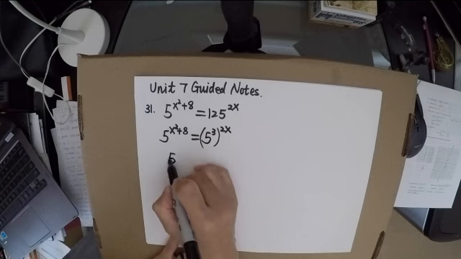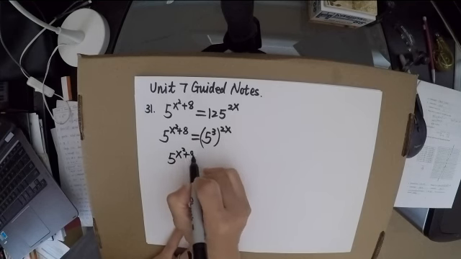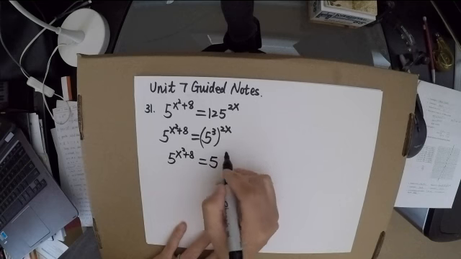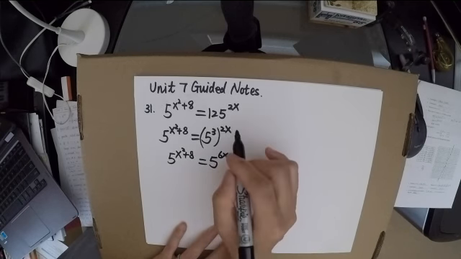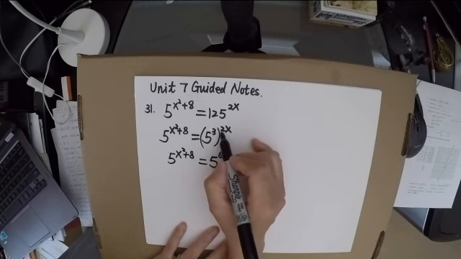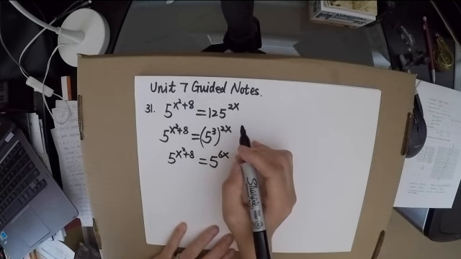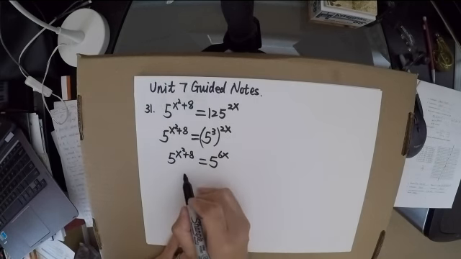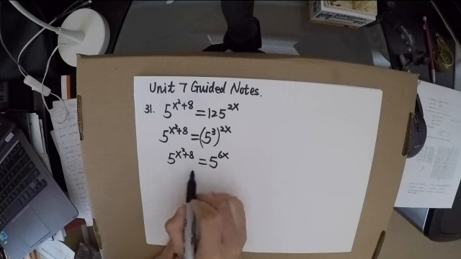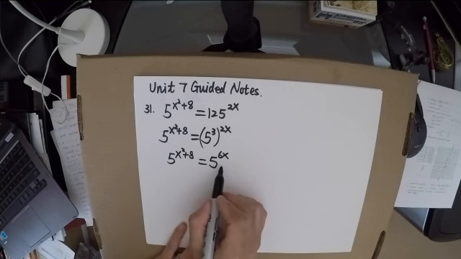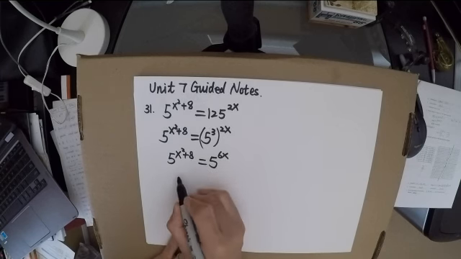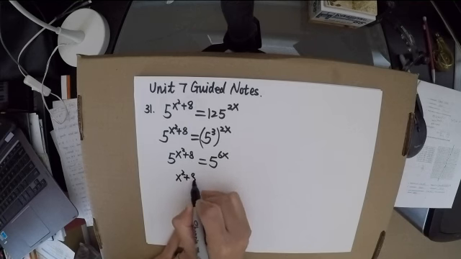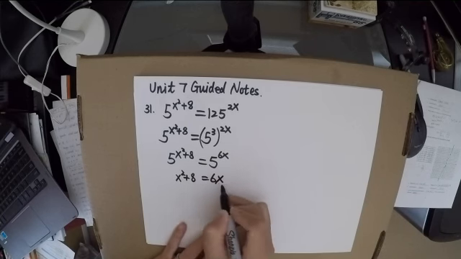Now you have 5 to x squared plus 8 equals 5 to 6x. So you just multiply these two exponents, which is 6x. Now you have the same base. In order to make these two sides equal, the exponents have to be equal.